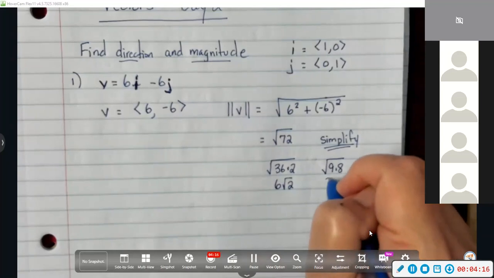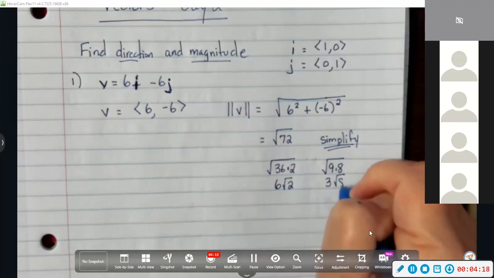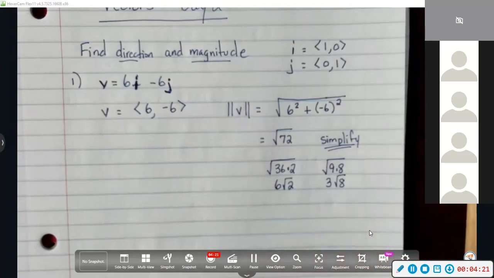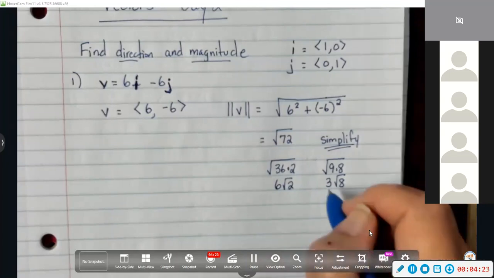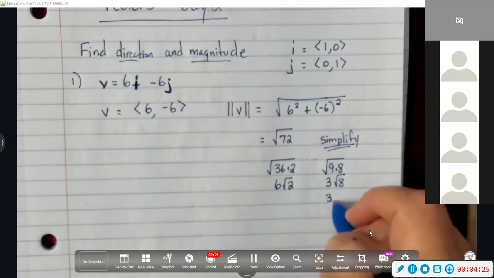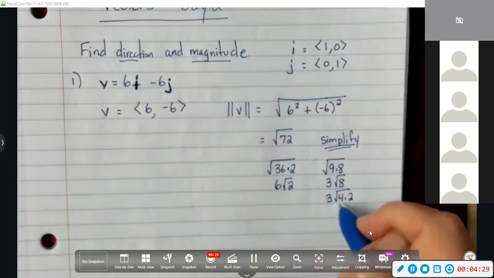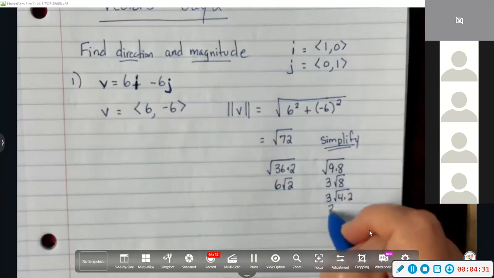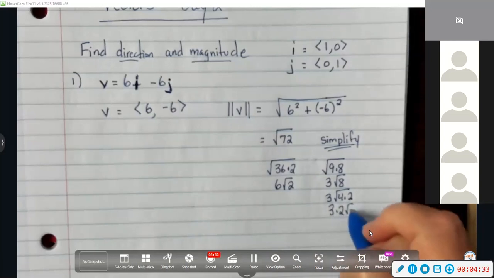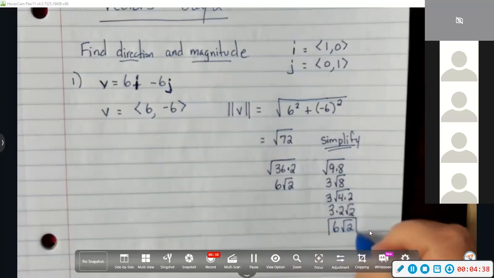The square root of 9 is 3. So then that's 3 times the square root of 8. Oh, but then 8 also has a perfect square in it. 8 is 4 times 2. And so then the square root of 4 is 2. So now you have 3 times 2 times the square root of 2. So then you get 6 times the square root of 2.